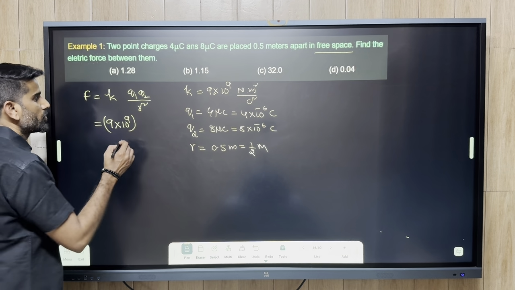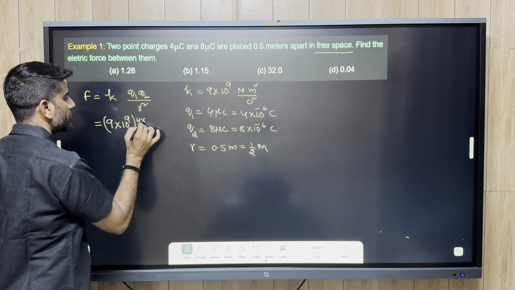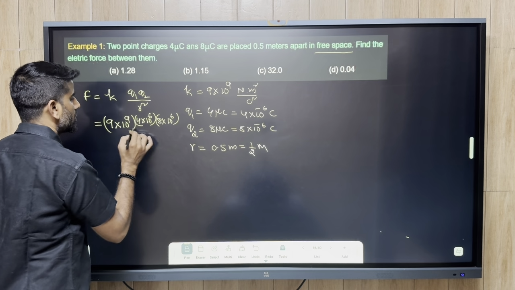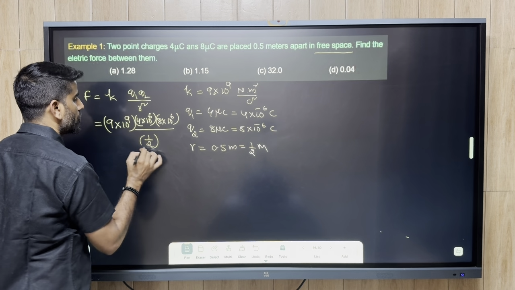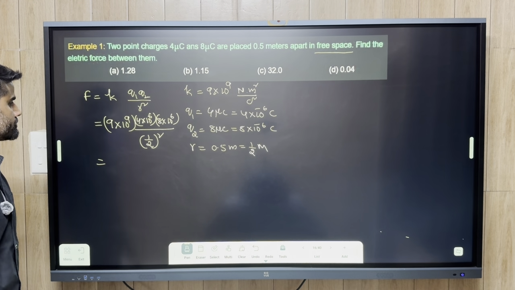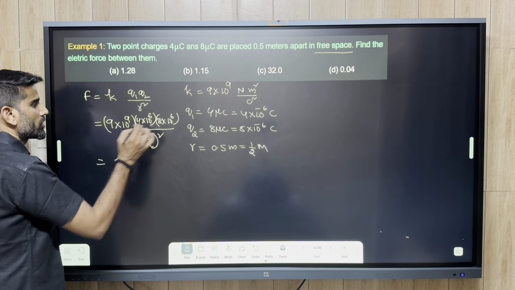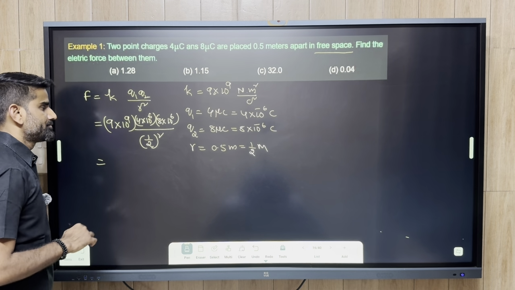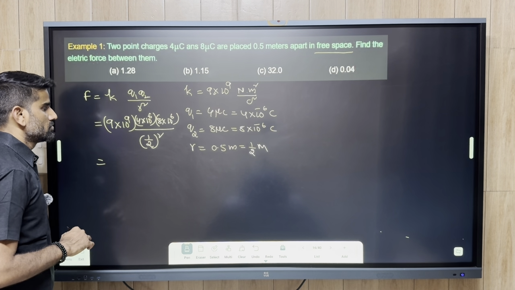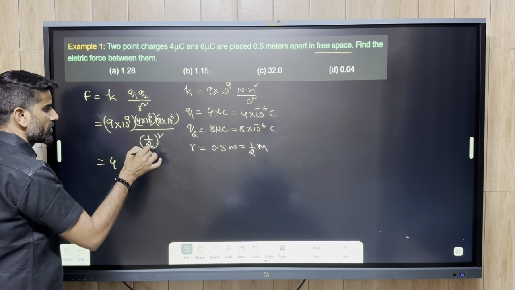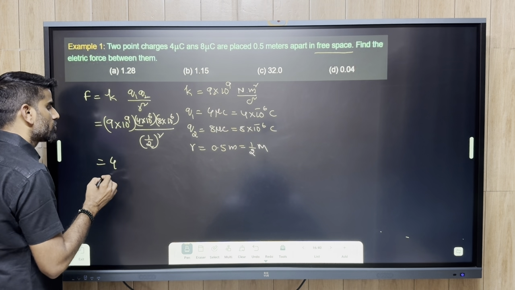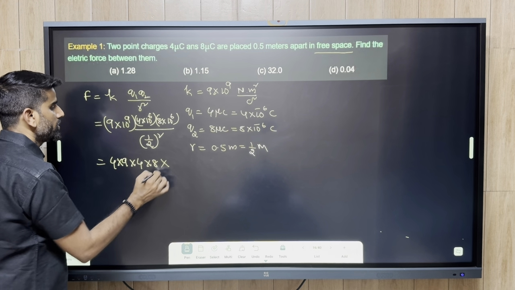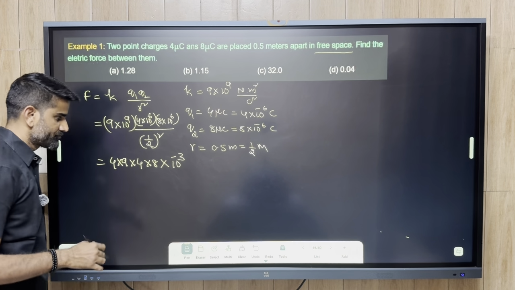If I substitute all these values into this equation, what am I getting? 9 times 10 to the 9, 4 times 10 to the minus 6, 8 times 10 to the minus 6 upon 1 by 2 whole square. 4 8s are 32, 32 nines. Rewriting, 1 by 2 whole square is 1 by 4, and that can be taken to the numerator: 9 into 4 into 8 into 10 to the minus 3.